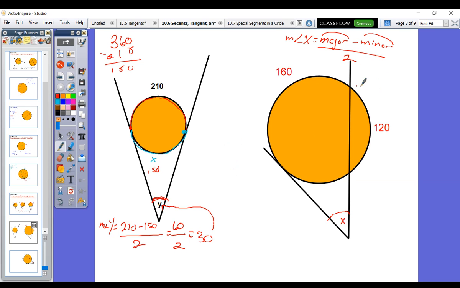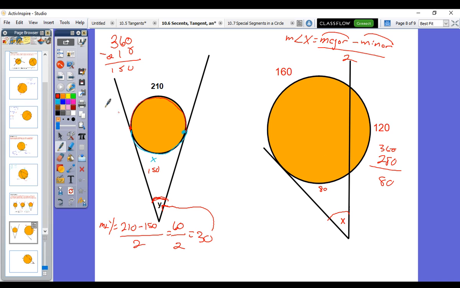Now, this is very nice. They gave us this value right here. The reason being, this arc right here, and of course this inside angle arc, all add to 360. So we add those two up, we get 160 plus 120, that gives us 280. And then we subtract that from 360, what do we get? 80. Yeah, 80, making this arc right here 80.